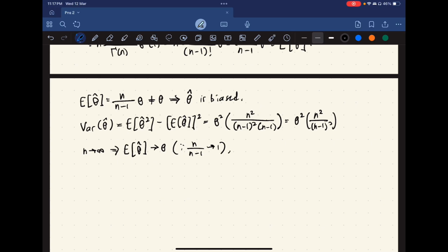Also the variance here will approach theta squared over n. Why? Because this ratio n squared over (n minus 1) cubed, if I'm not mistaken, converges to n squared over n cubed, which is just 1 over n.